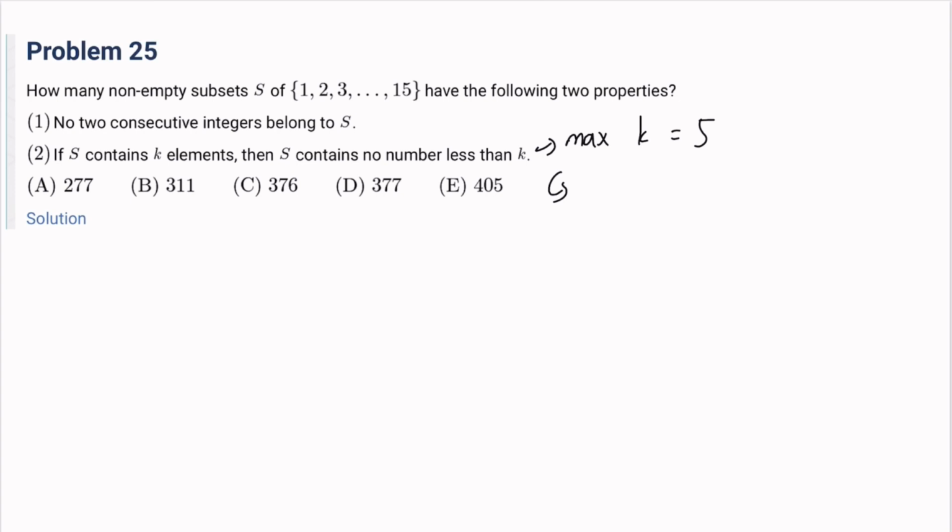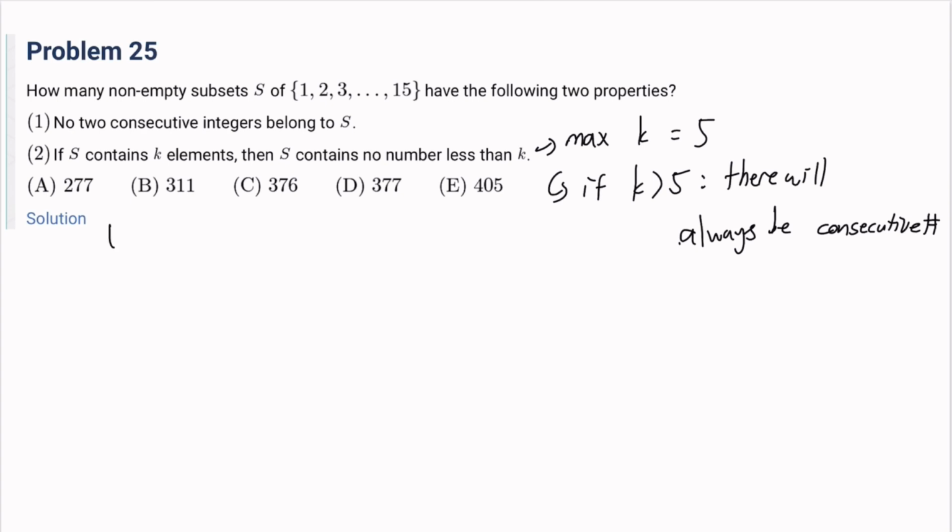It is going to be 5 because if k is greater than 5, then there will always be a consecutive number in S. So if we have 1, 2, 3, 4, 5, 6, 7, 8, 9, 10, 11, 12, 13, 14, 15, and k is 6, then we can only have values from there, and we have to choose 6 values.